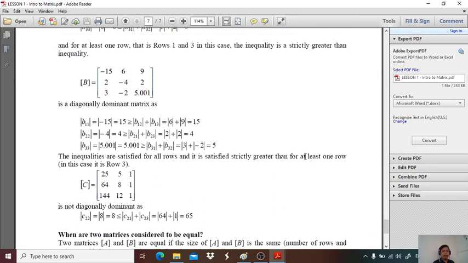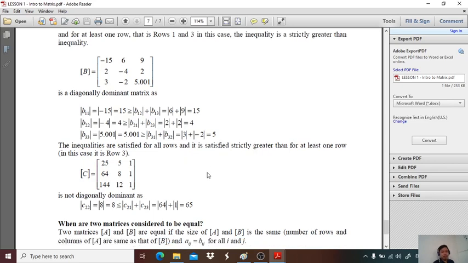Okay, so these are other examples. We have negative 15, 6, 9. So 15 is greater than or equal to 15. That is correct. Then we have 5.001. If the condition is strictly greater than, we have to make some adjustment, 0.001. But it is also greater than or equal to, so they're the same.